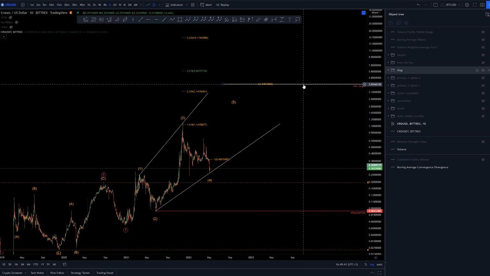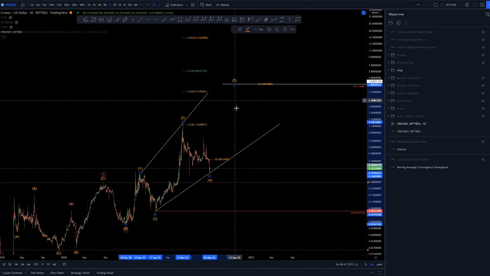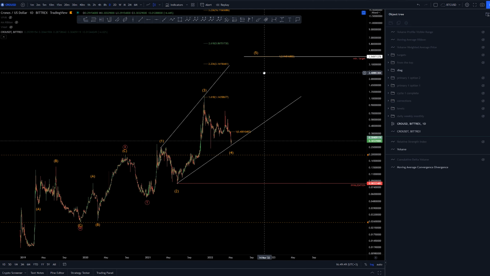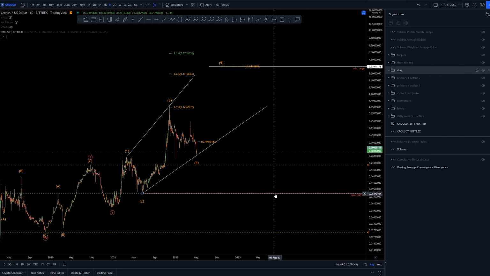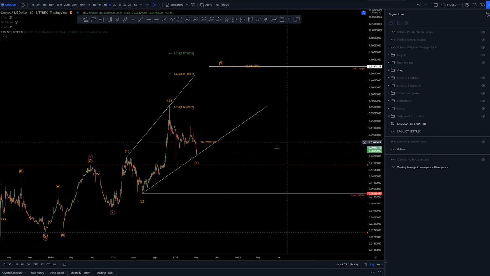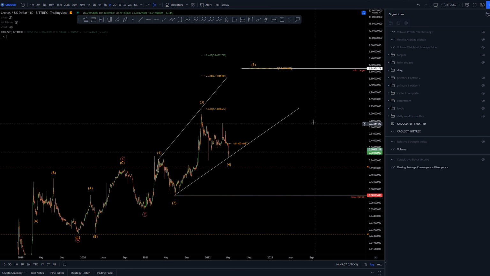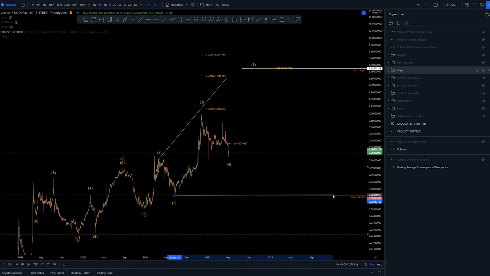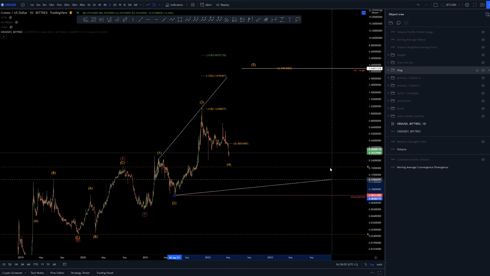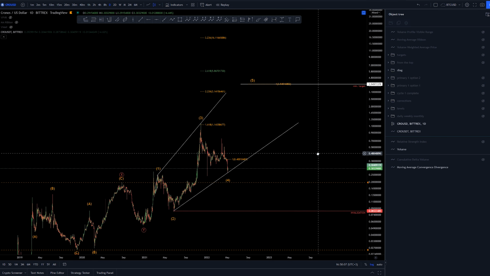The minimum target for this one would be around $4, as at that point wave 5 would be larger than wave 3. Invalidation down here at 8 cents, so quite a big range still going on here. Again, you can see why the invalidation is here. Wave 4 can't go below wave 2.